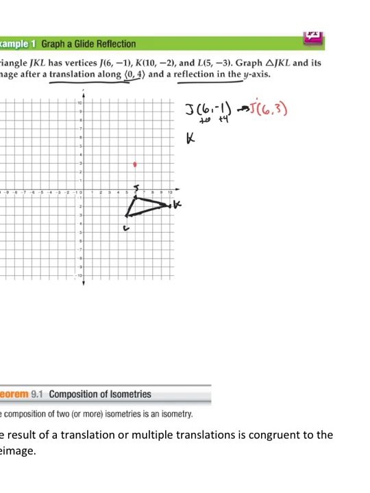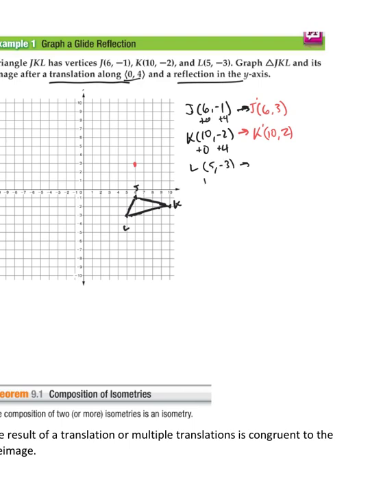K was at 10, -2. So again, you add 0 to the x, add 4 to the y coordinate, and you've got your point K prime is going to be at 10, 2. Okay. And lastly, L was the point 5, -3.